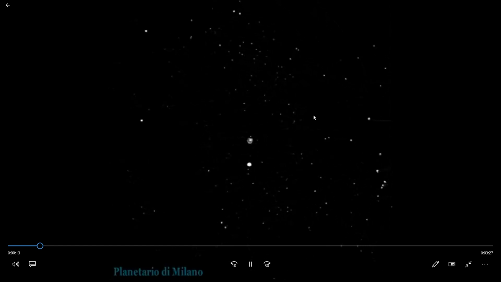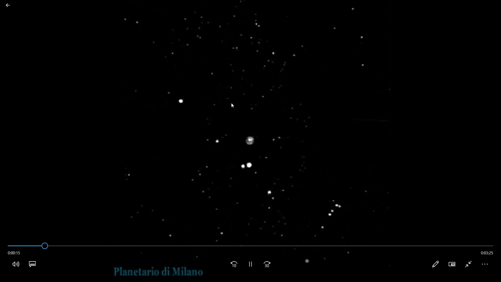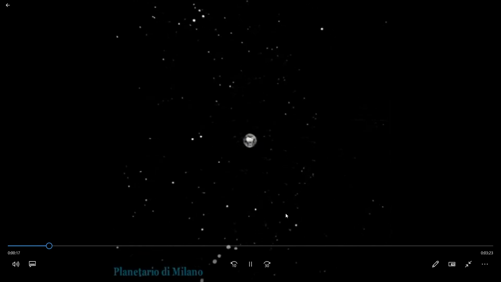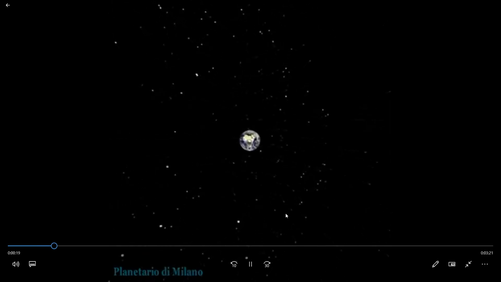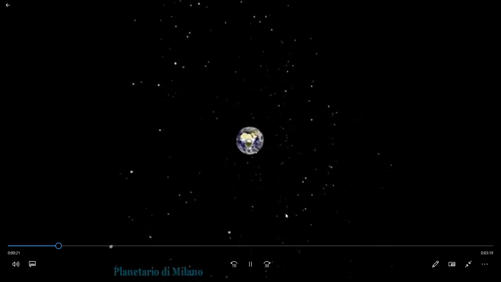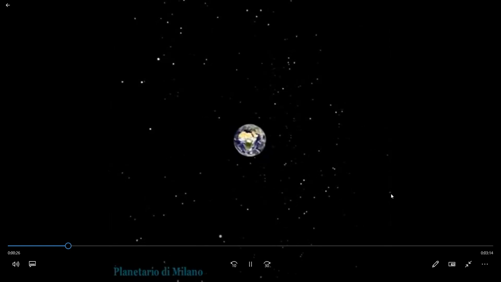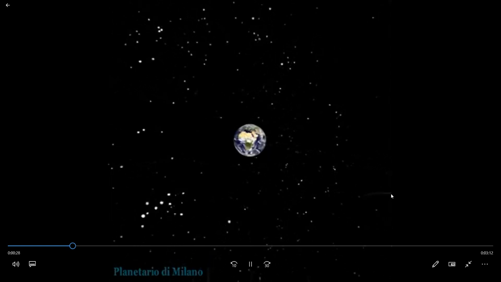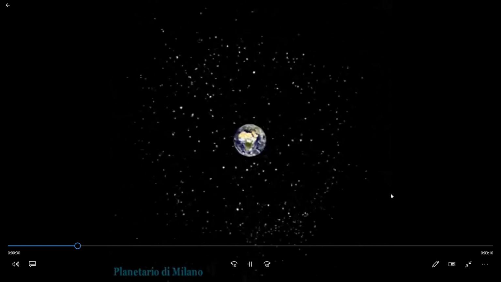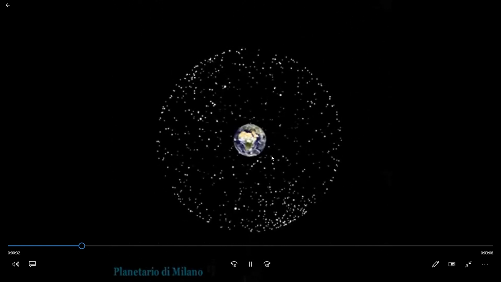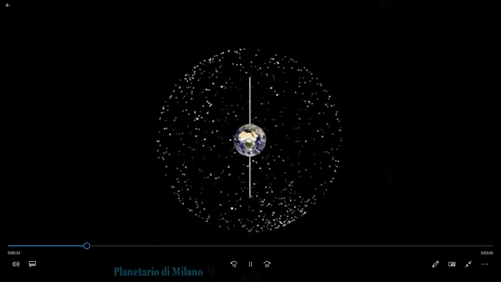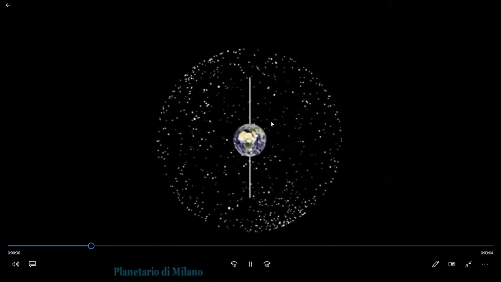All the stars around the Earth are moving. This is at the center of the universe, with respect to the geocentric model, of course, not with respect to the science. This is the sphere, and this is the Earth, which is the center of this sphere, which is the universe.